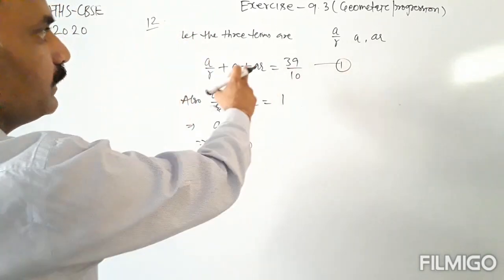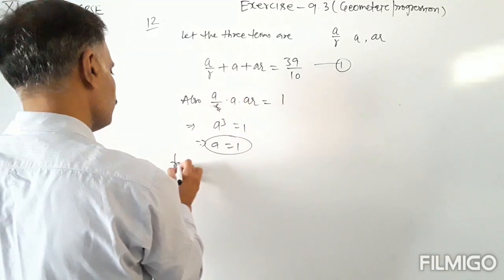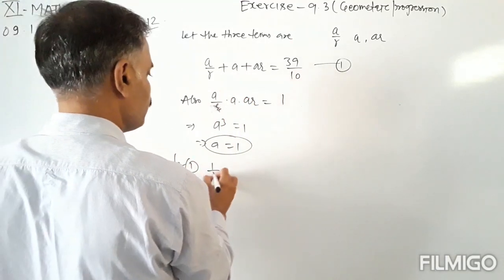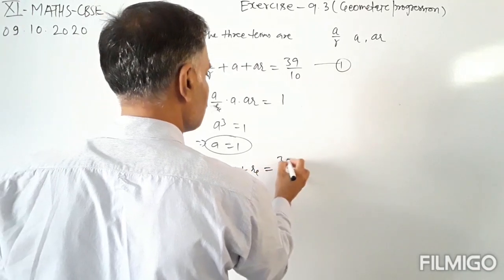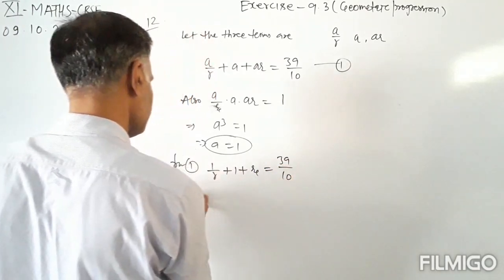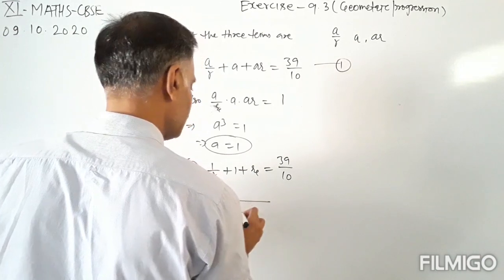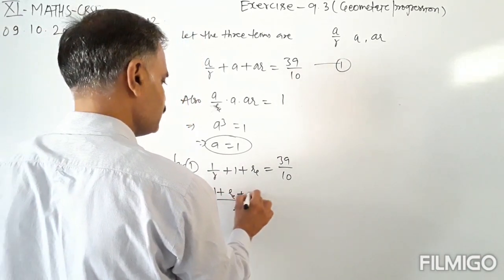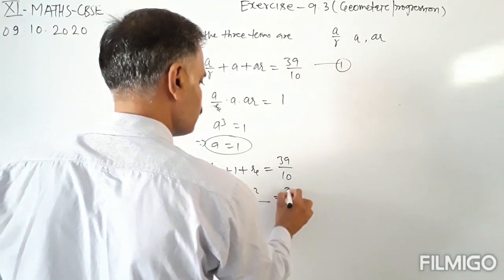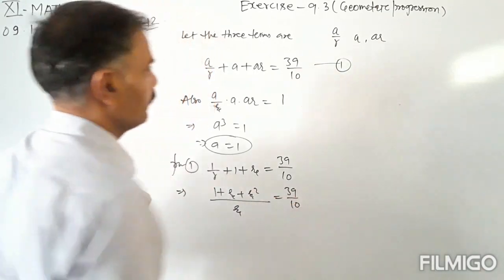Putting a equals 1 in equation number first, we get 1 upon r plus 1 plus r equals 39 upon 10. Taking r as LCM, 1 plus r square is equal to 39 upon 10.